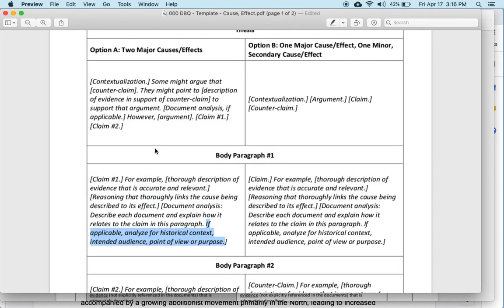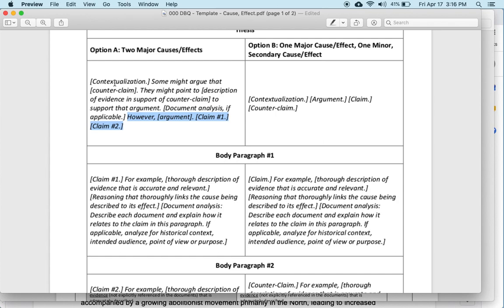Now, moving on to the meat of my thesis. So far I've talked about contextualization, kind of putting it in broader scope. I've also provided a counterclaim, explored it, and explained why some people might say that there was greater unity as a result of the transportation revolution.